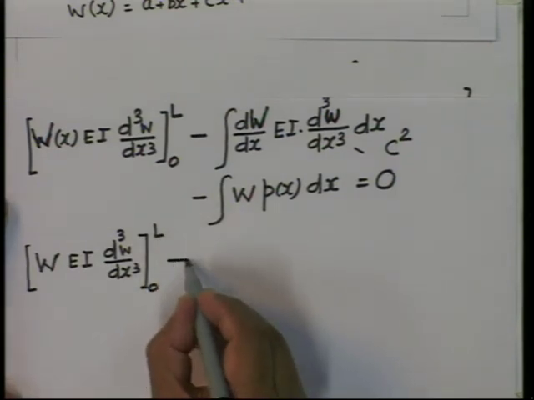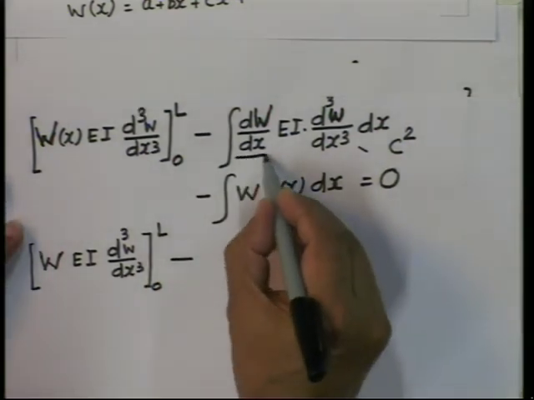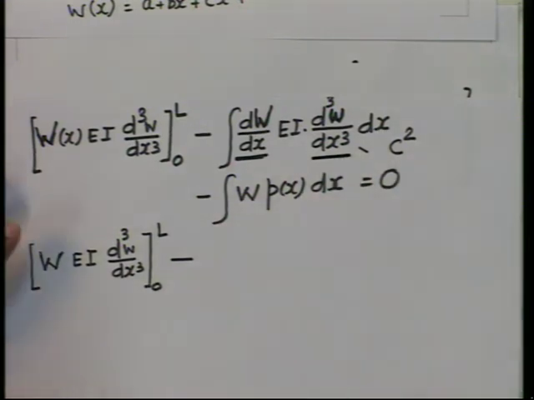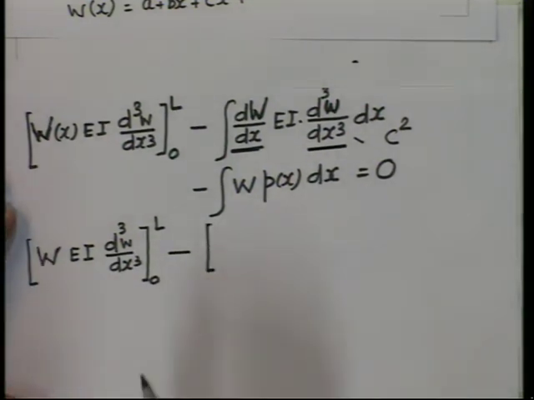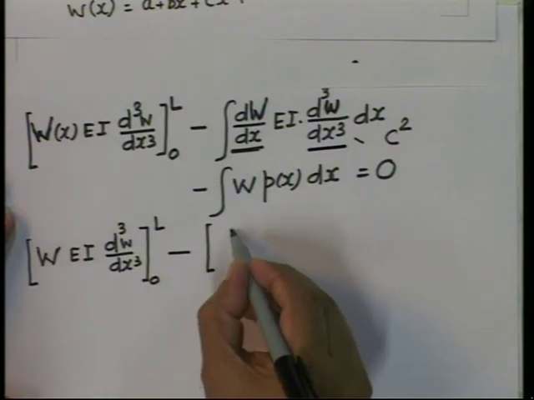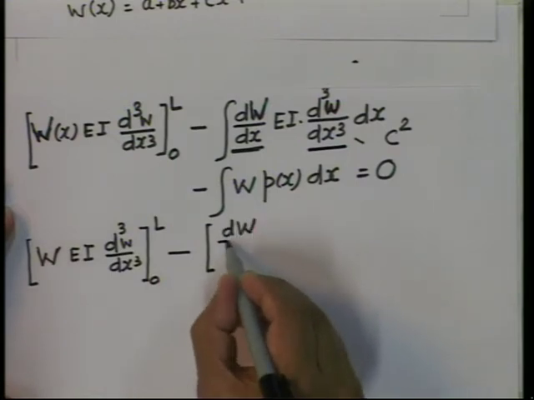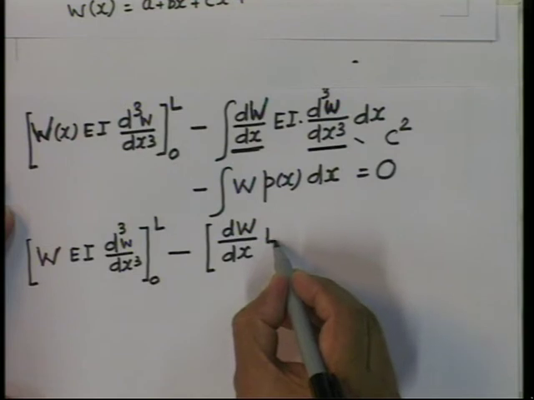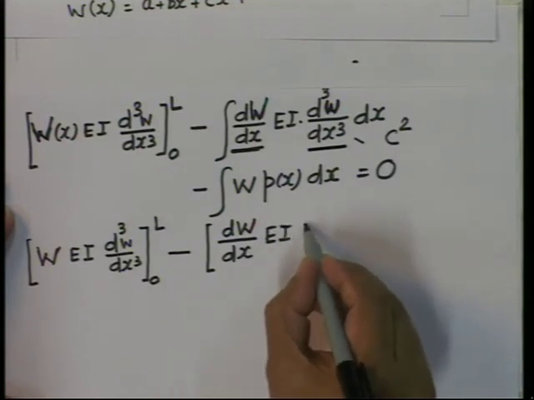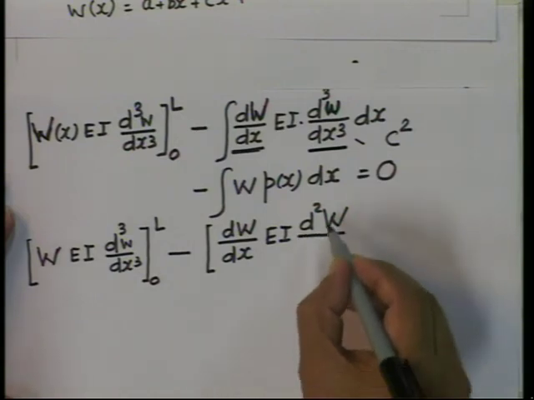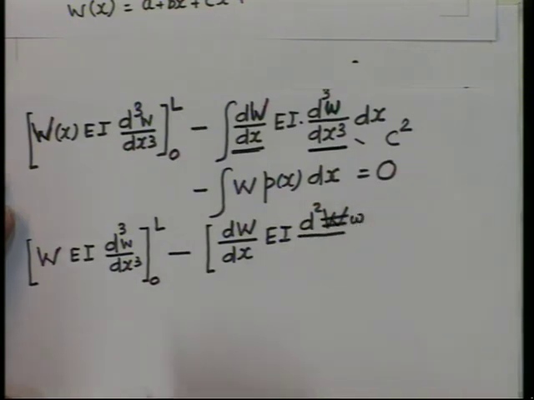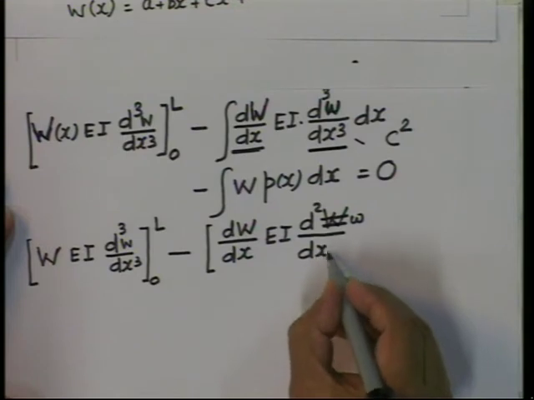Now, I take these two functions, the first function into the integral of the second, so I will get another boundary term: dw by dx times E I times d square w by dx cube.